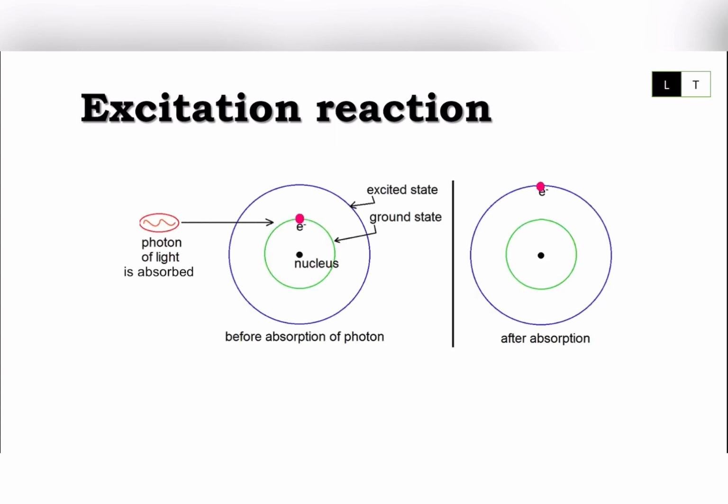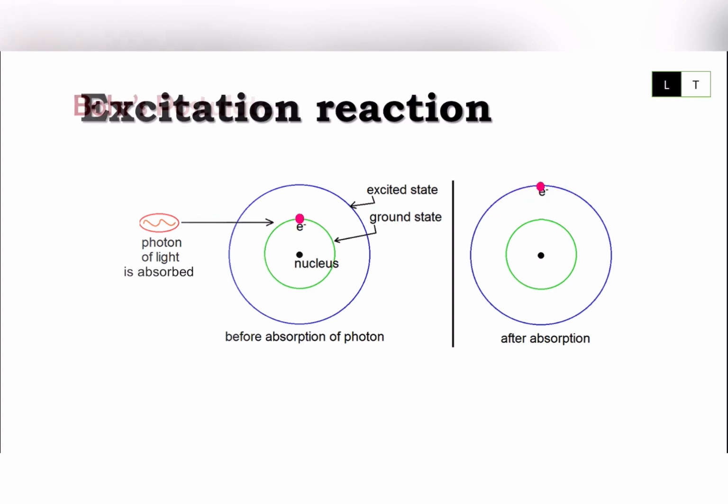For example, you have this illustration where a photon of light is absorbed by this electron in the first shell. This first shell is what we call the ground state. However, once this electron absorbs energy, it will be excited to the next energy level, which we call the excited state, the next shell.